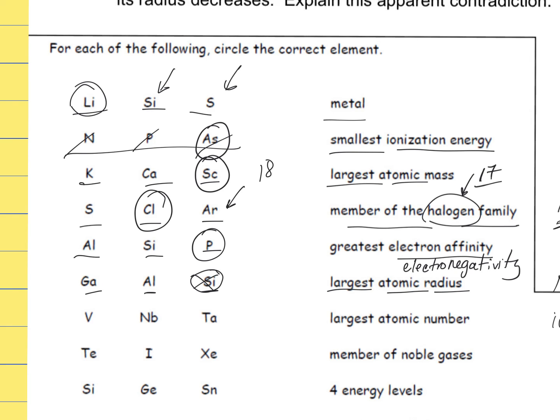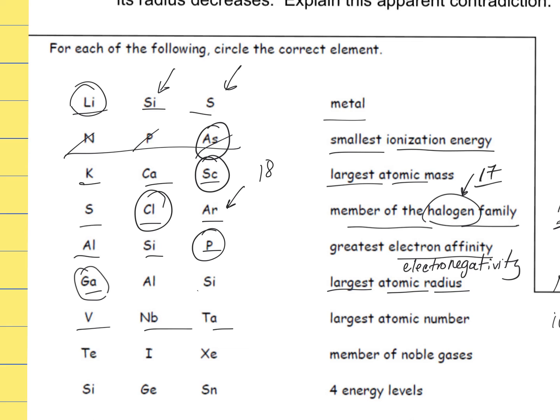Now you're going to analyze gallium and aluminum because they are in the same group. As you're going down, it's going to increase because you have one more level of energy. So the biggest one is gallium. Let me erase the other two because I don't want you to get confused. Biggest one, gallium.